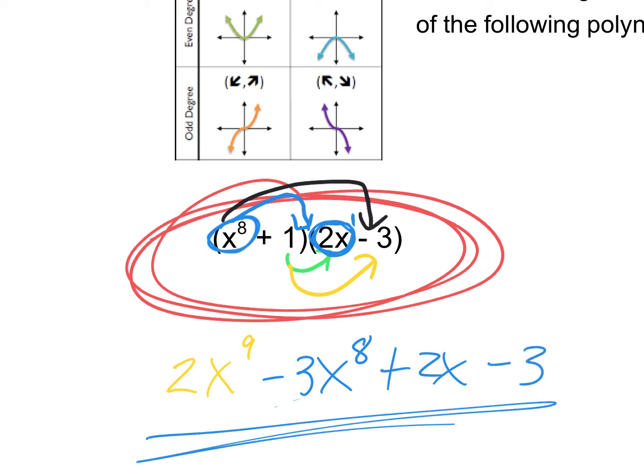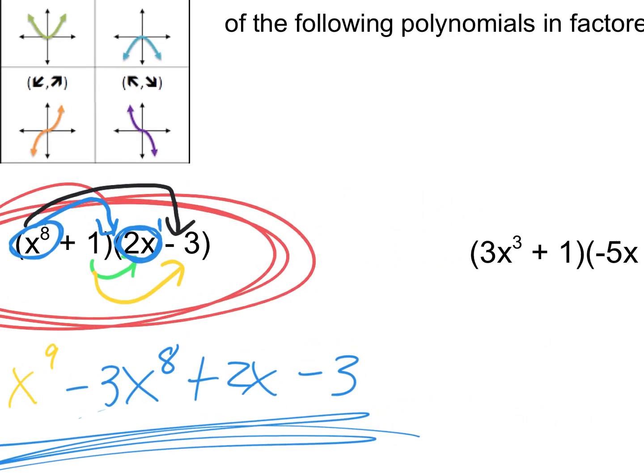All right. Put your virtual or real hand up if you had the same thing. Okay. Now, if you didn't know how to do that, take a look at it for a second and try to figure out where you went wrong. Because we all have to know how to multiply these out.